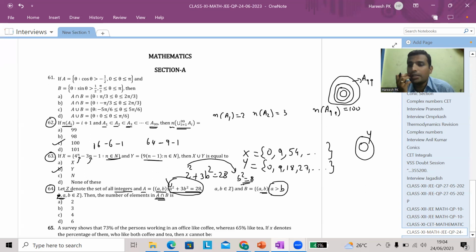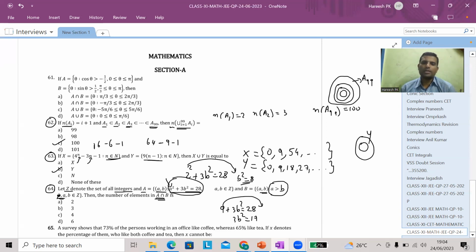If b square is 8, you cannot get b as an integer. So you can't put a as 2. Let us try putting a as 3. If I put a as 3, you'll get 9 plus 3b square is 28. So when you take this here, you'll get 3b square is 19. Again, not possible.